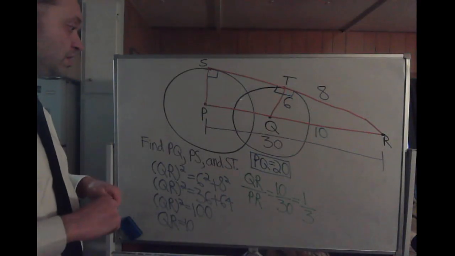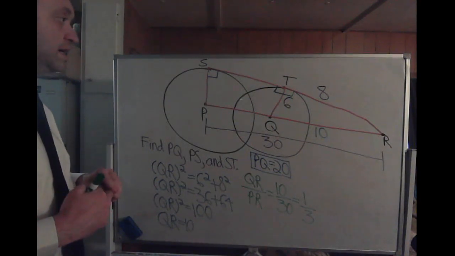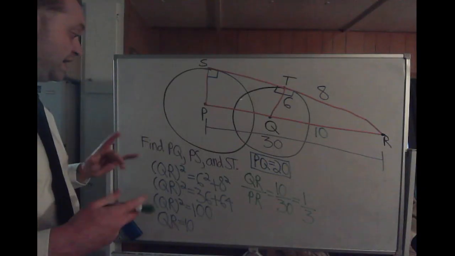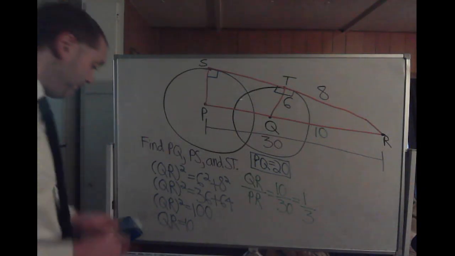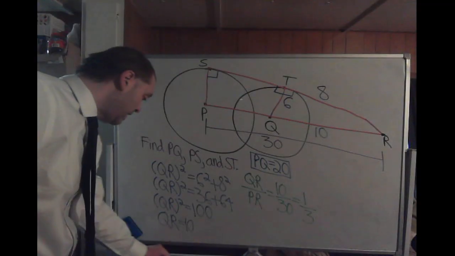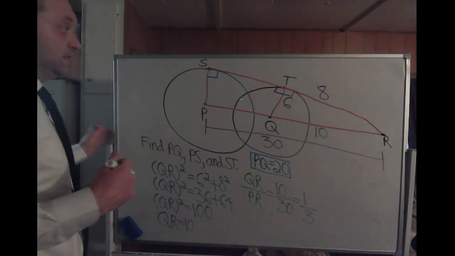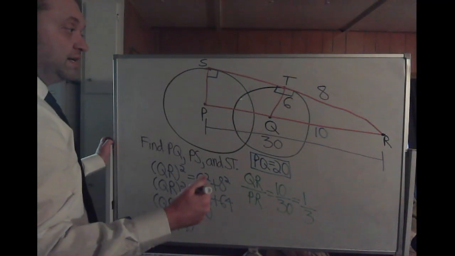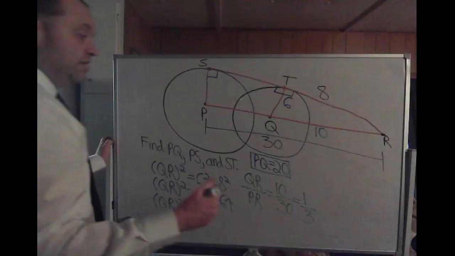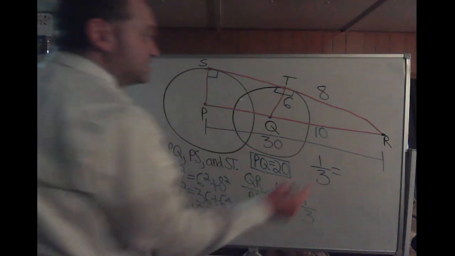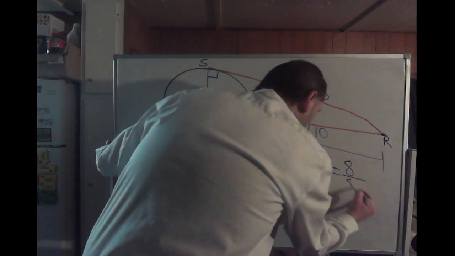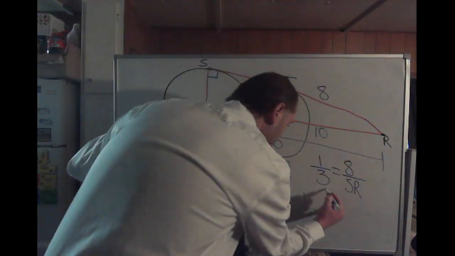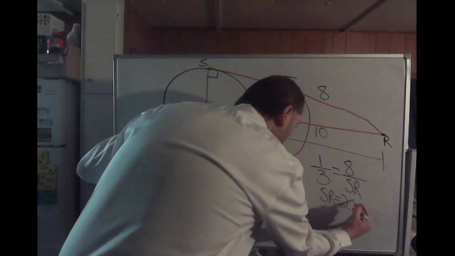So, what we can do now to find, for example, ST, is first find the length of SR, and then we can figure out ST. If we have the ratio of 1 to 3, that means that TR with a length of 8 would correspond to the length of the whole SR. When you do the cross product, that means SR has a length of 24.